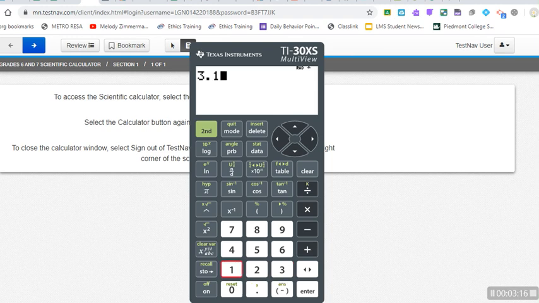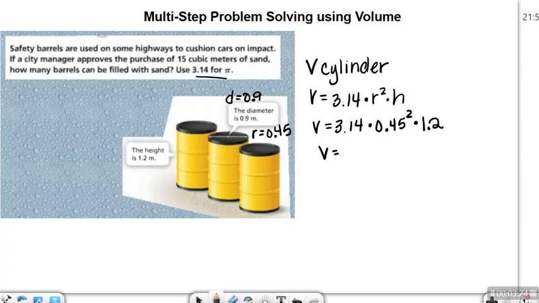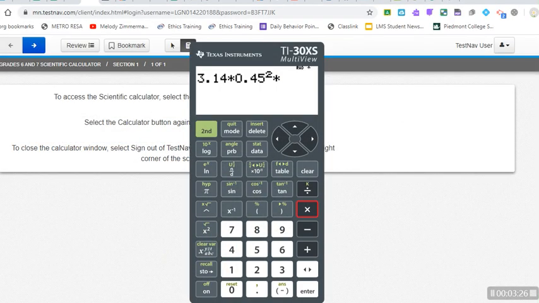So 3.14 times 0.45 squared times, what was the height? 1.2. 3.14 times 0.45 squared times 1.2 equals 0.76302.